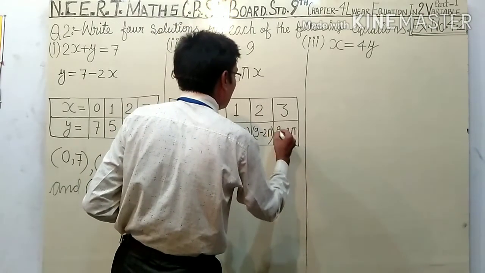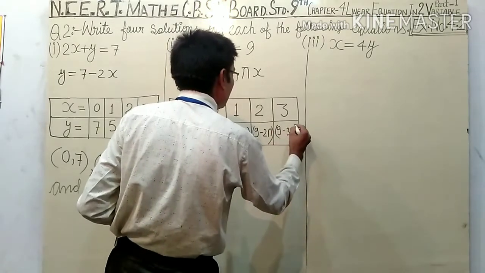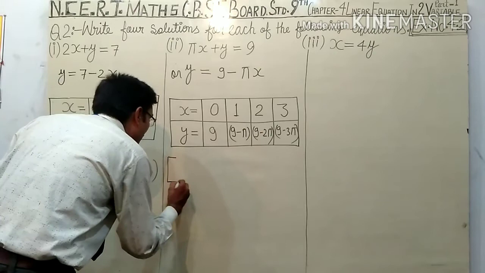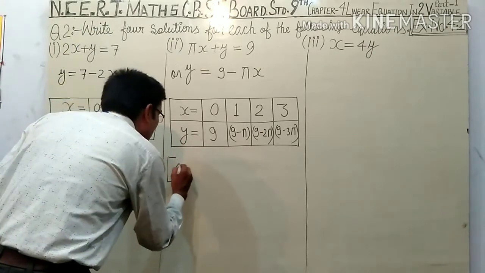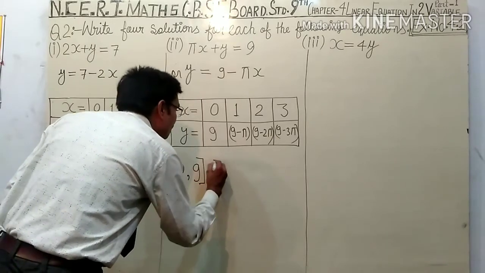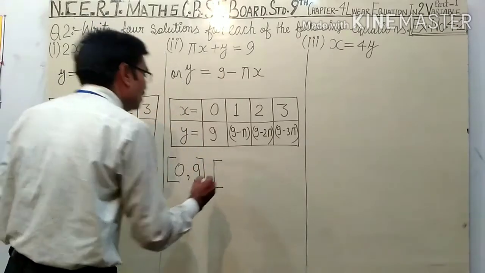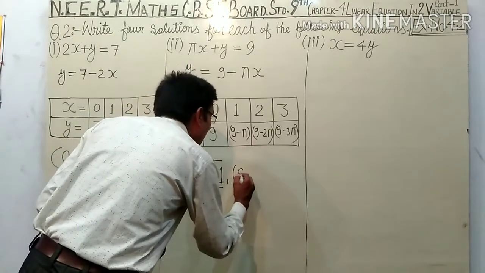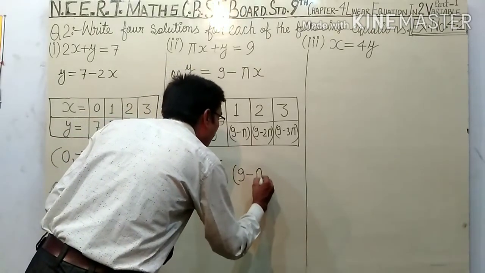Now you may write the solutions by using a big bracket. First solution 0, 9. Second solution 1, comma 9 minus pi.